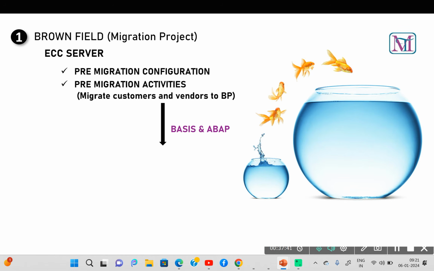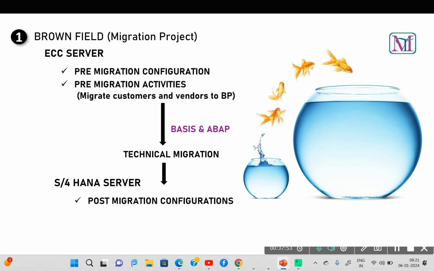When we do the functional migration, all customers and vendors will be converted to business partner. Okay, and then we'll hand over this server to Basis and ABAP, our technical team, for technical migration. When they do the technical migration, the ECC server will be converted to an S/4HANA server. Then after this technical migration, we again start our configuration.